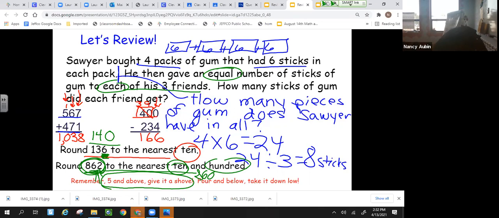What would it be? Why? Okay, so when you're looking to round to the nearest 100, you look at the tens place. When you're looking to round to the nearest 10, you look in the ones place.